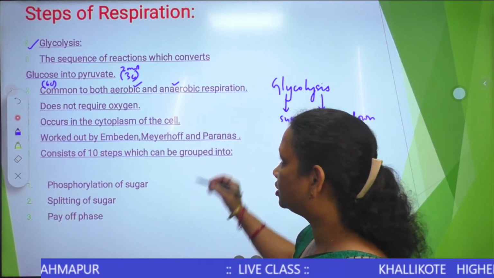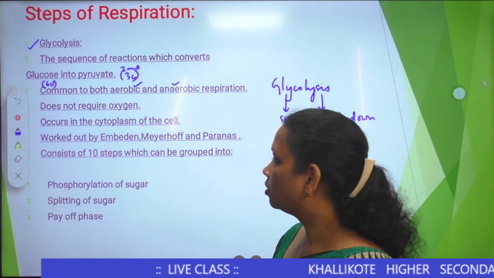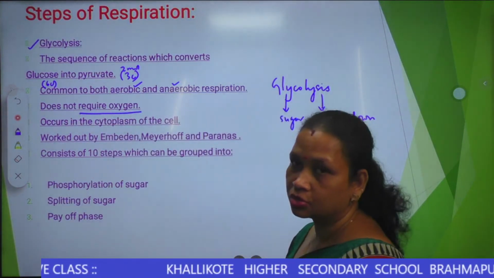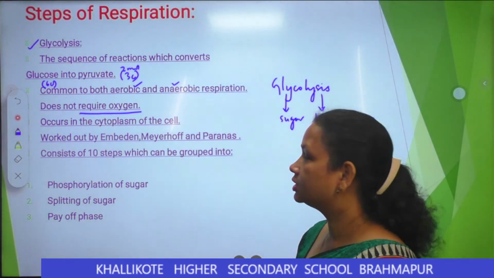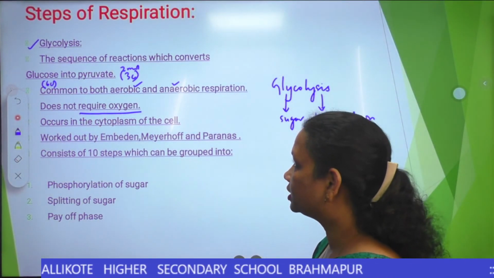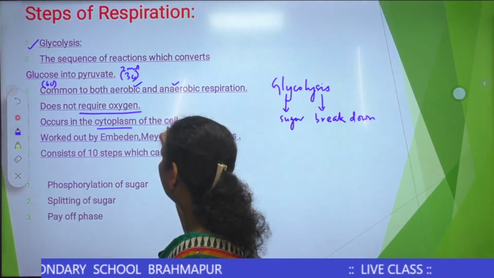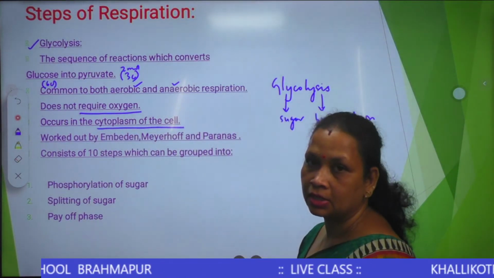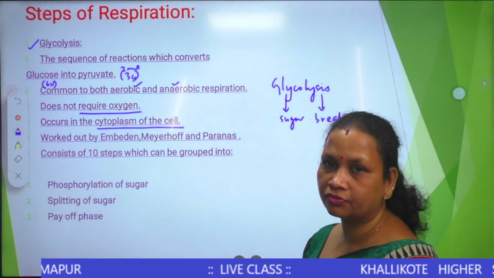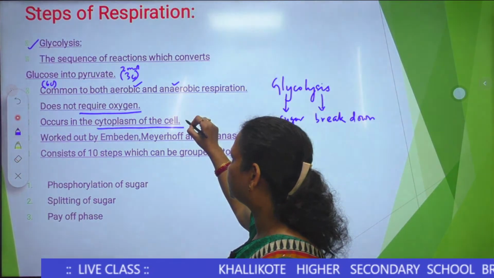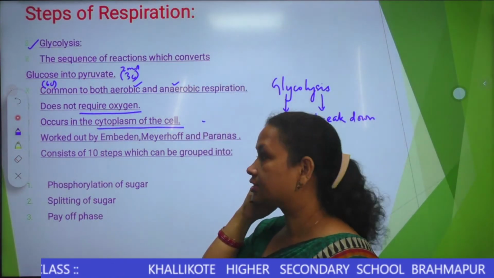This path of respiration does not require any oxygen. Where does it occur? It occurs in the cytoplasm of the cell. Here mitochondria is not involved. The entire path takes place in the cytoplasm itself.